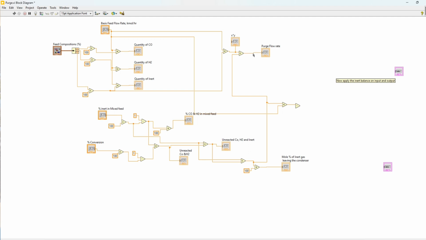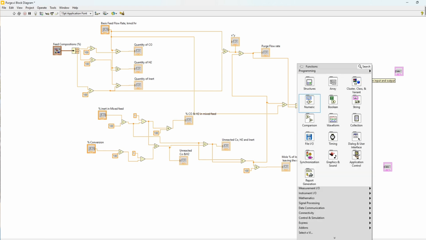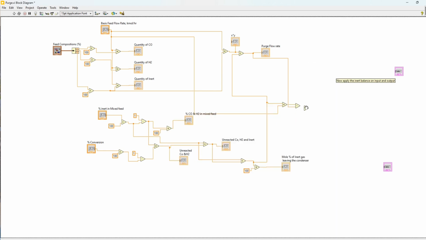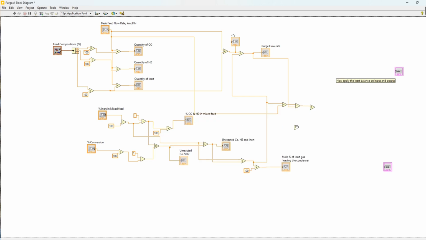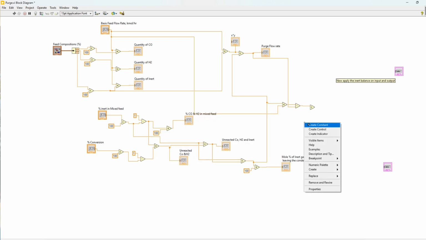So this P is nothing but P, again divided by your value, and here again I take one minus the part, and in the subtraction this is 1, and this is nothing but the moles of unreacted we have.